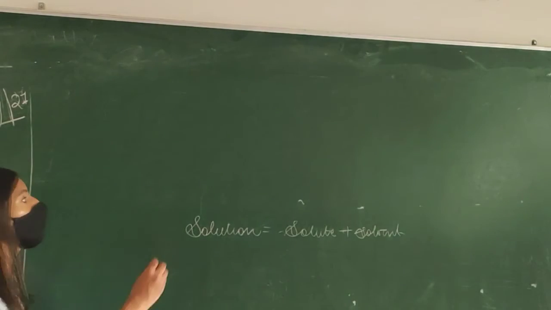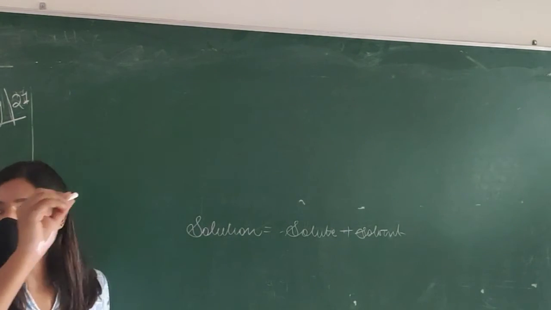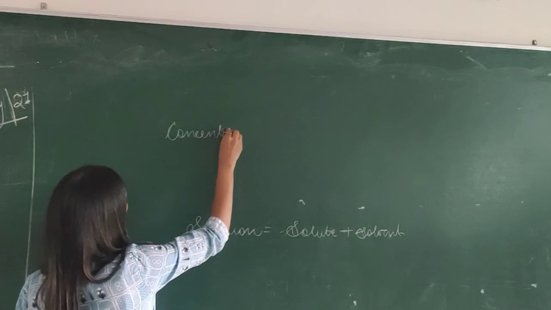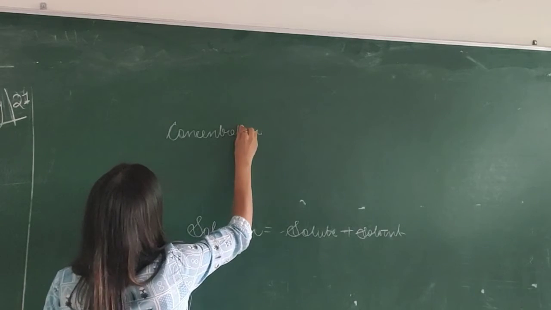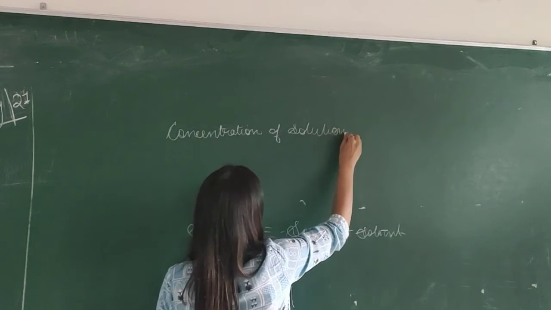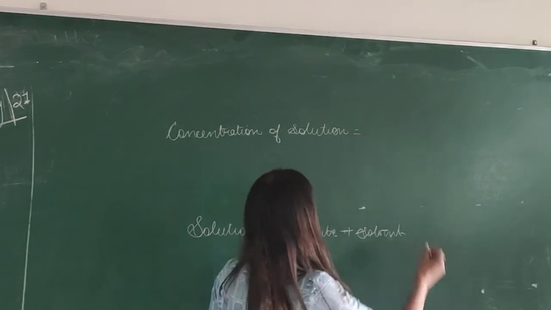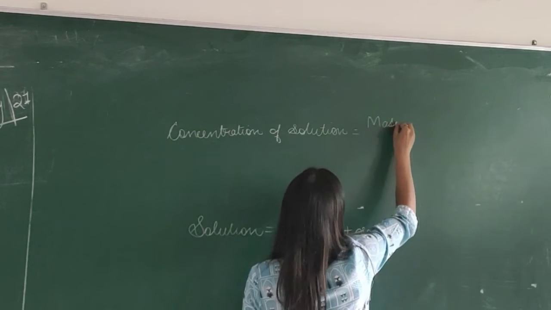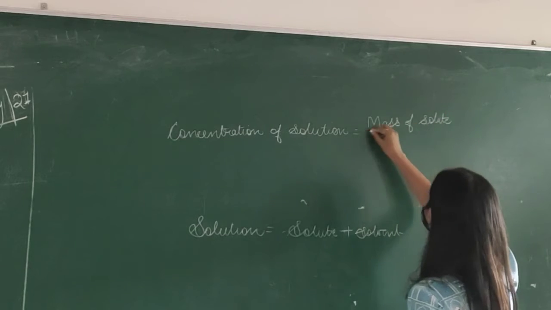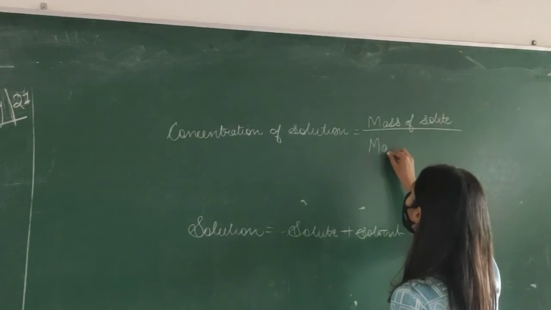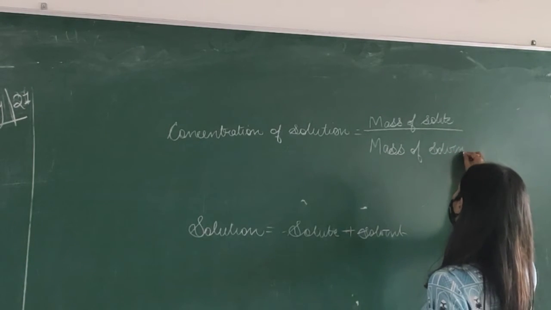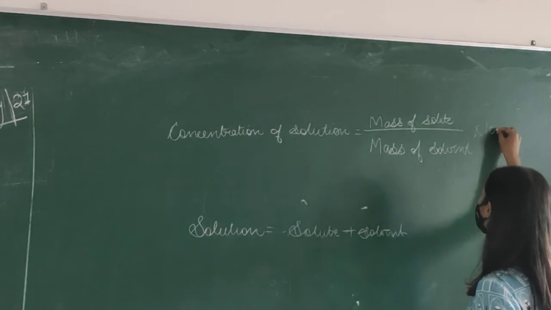The questions which we have to do are to find out the concentration of the solution. So the formula for the concentration of solution is the mass of solute upon mass of solution into 100.